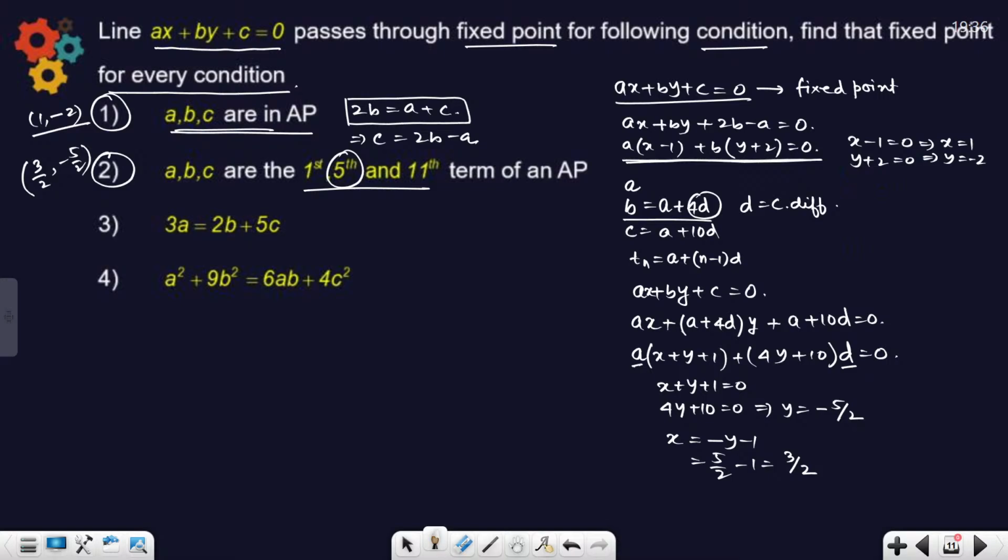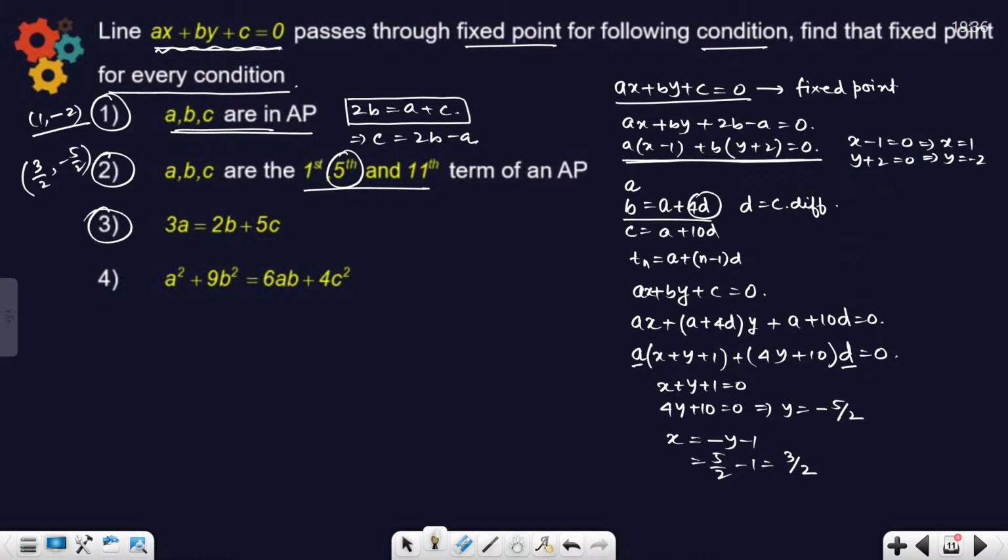Can you see how I'm converting this line in terms of the converse of the family of lines? The converse of the family of lines states that the line always passes through a fixed point, which is nothing but the point of intersection of the given two lines. That's exactly what I'm doing every time.